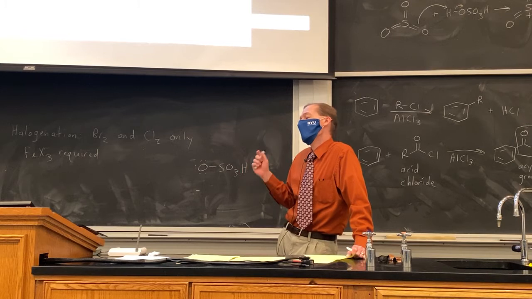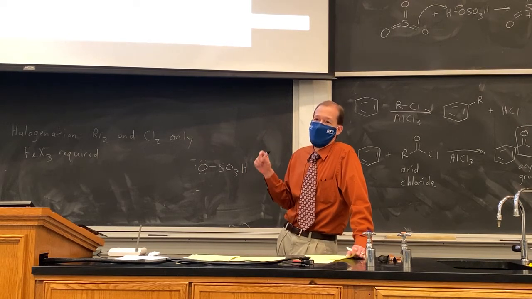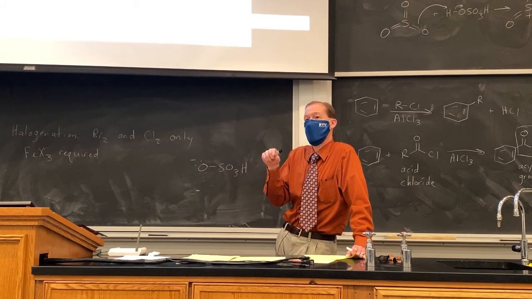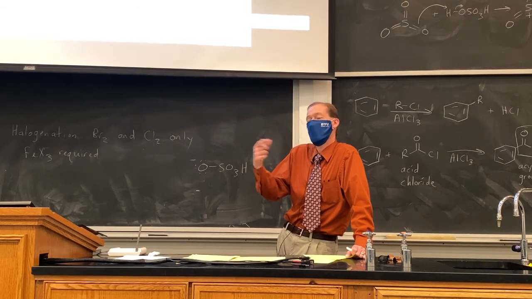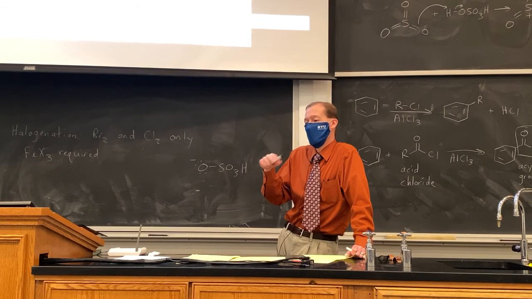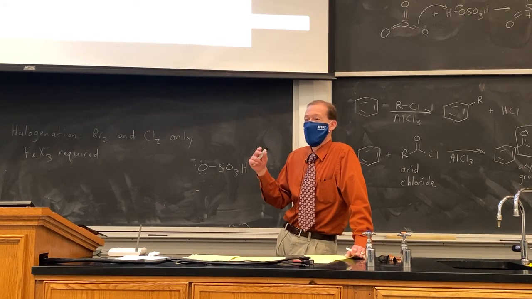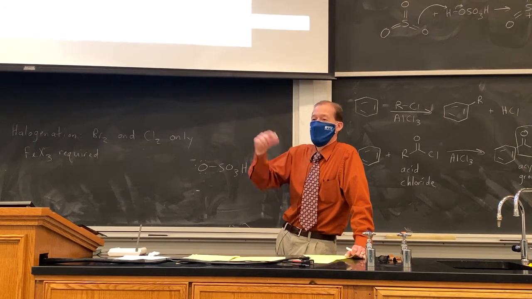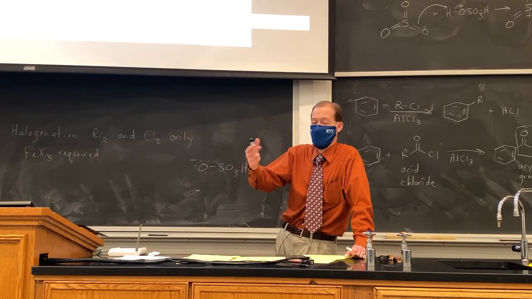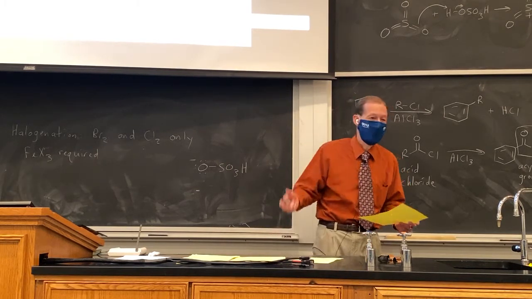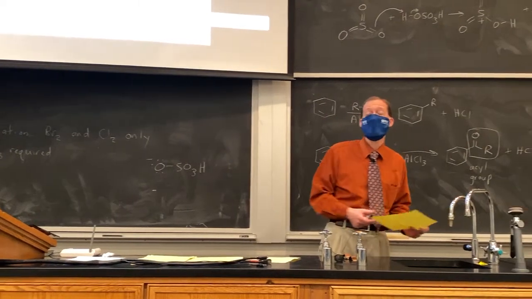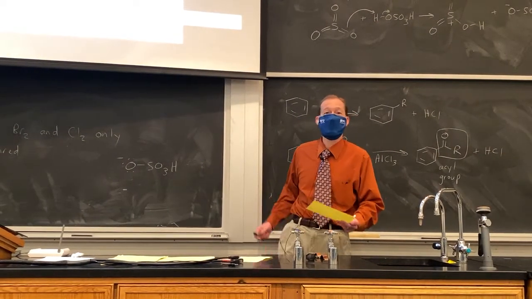Yeah, so if the carbon bearing the chlorine is a stereocenter, then that stereocenter gets destroyed when you make the carbocation. And so then when the benzene attacks and you reform it, it would be racemic. Okay, so you would have racemization. That's a great question. You would always have racemization in a Friedel-Crafts reaction.